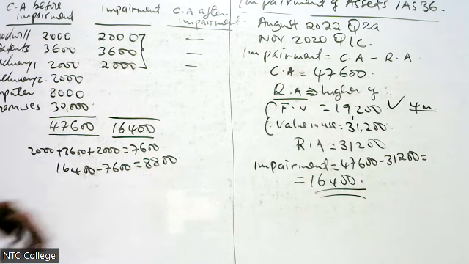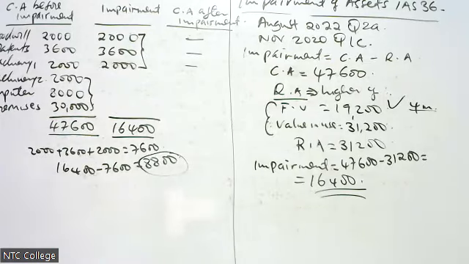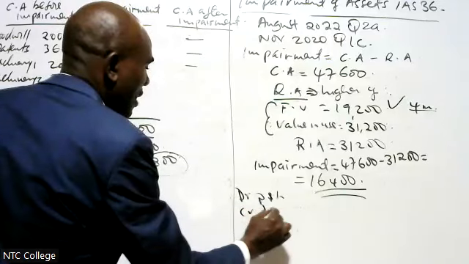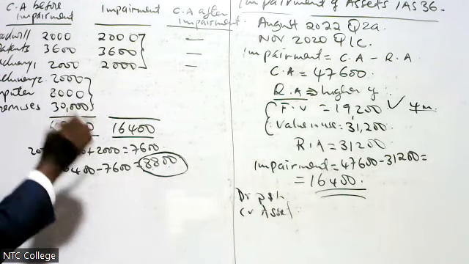Now, this impairment that is remaining unallocated, I'm going to allocate to these good assets. Why? Because we said when you have impairment, you debit P and L, you credit asset. Therefore, we have impairment of 8,800 that we have not allocated to the assets.